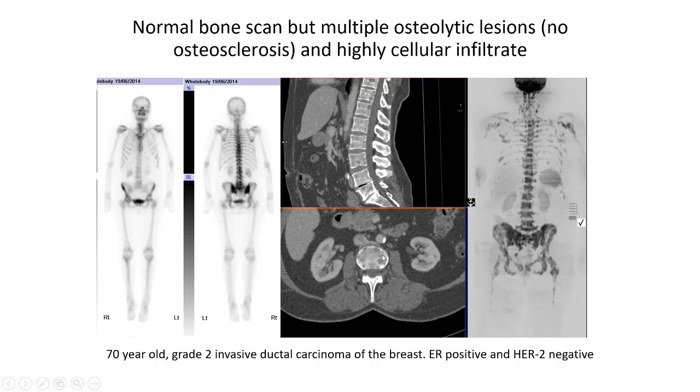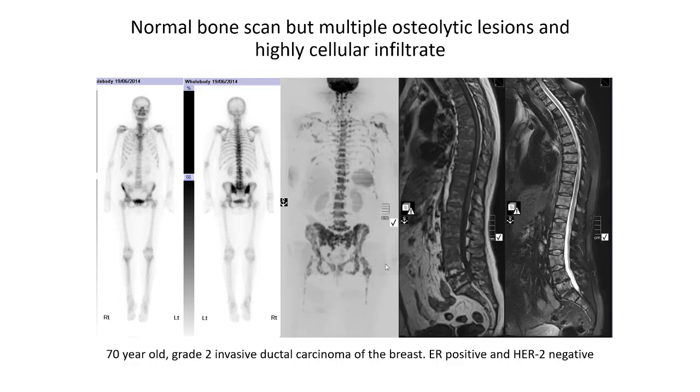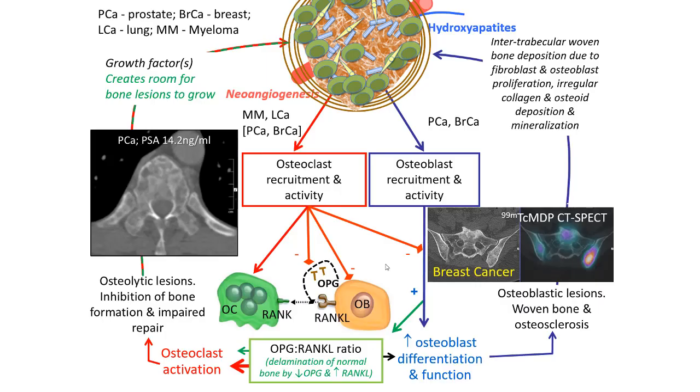All these osteolytic lesions. There is hardly any osteoblastic activity around this. That's why the bone scan is negative. And here is the T1 that shows you all this bone marrow infiltration. Okay.